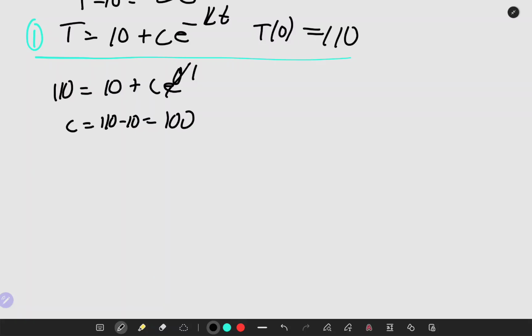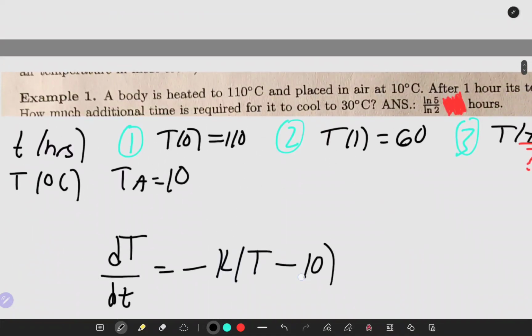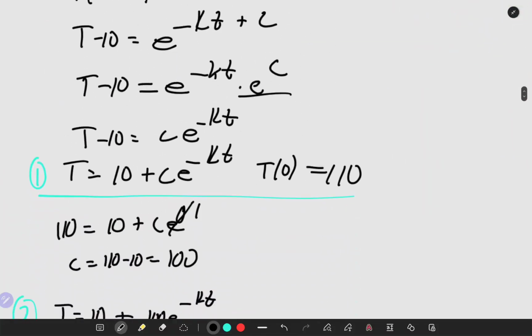We plug that back in and we get our second equation. T is equal to 10 plus 100 e to the minus kt, where T of 1 is equal to 60.